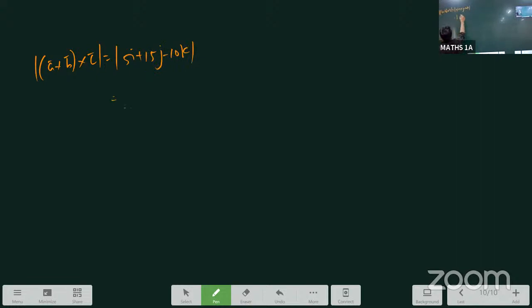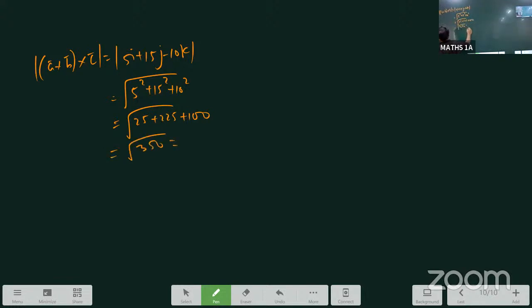That is nothing but under root of 5 squared plus 15 squared plus 10 squared, that is under root of 25 plus 225 plus 100. Total how much? 350. That is nothing but under root of 25 into 14, that is 5 root 14.